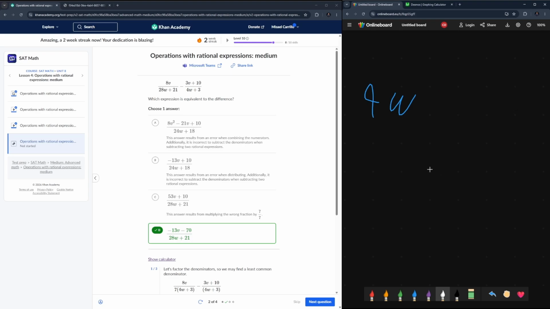So you would get the same denominator. But when you multiply a bottom, you also have to multiply the top. And if you multiply the top, then you would get 7 times 3v, which is 21v, plus 70.